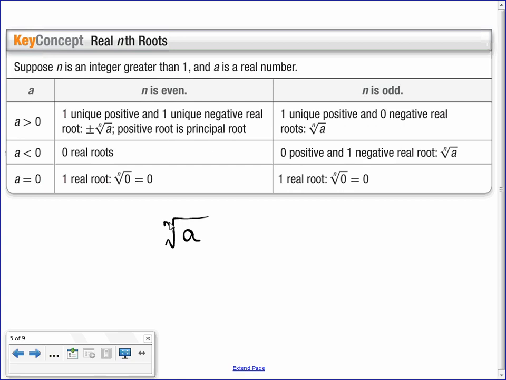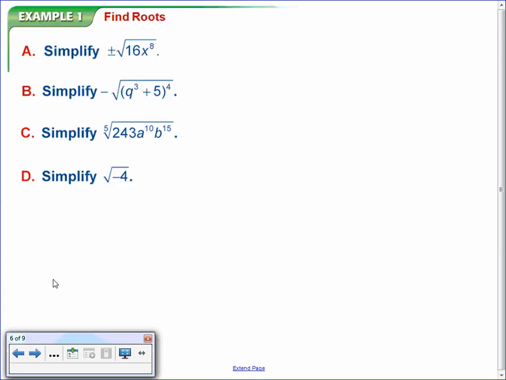Now, if n is odd, then you're just going to have one positive and no negative roots, as long as a is positive. Now, if a is negative and n is an even number, you're not going to have any real roots. If a is negative and n is an odd number, you're going to have one negative root. And of course, if a is 0, then it's only going to have one real root no matter what. So let's jump into this.